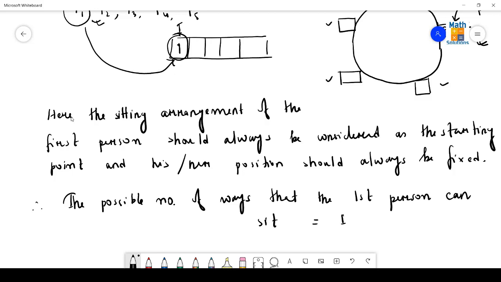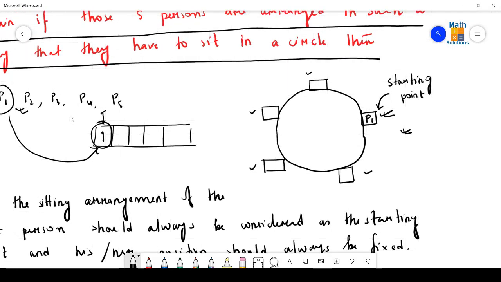As his position is fixed, there is one and only one way in his hand to make his sitting arrangement. Now there were 5 persons. How many persons were left behind? Among these 5 persons, one person has already made his sitting arrangement. So in my hand there were 4 persons left. These 4 persons can make their sitting arrangement anywhere in these vacant places.